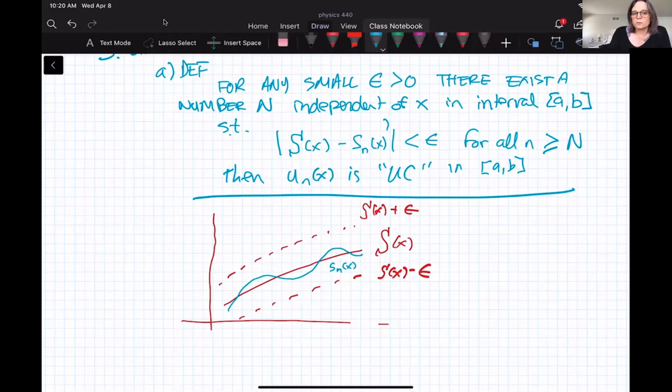And this is uniformly convergent on, say, the interval x equals a to x equals b, if you can find a partial sum that is in this arbitrarily small region. In other words, can you take enough terms to approximate this function to whatever tolerance value you set? So that's what all of this means.